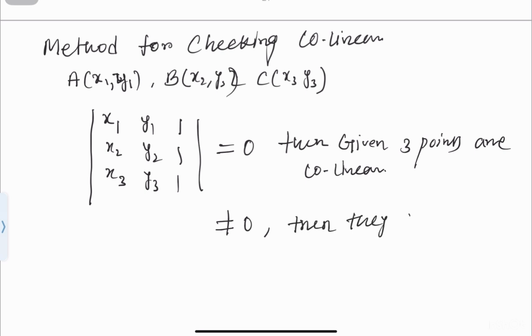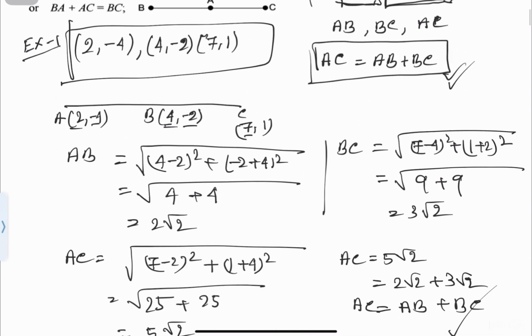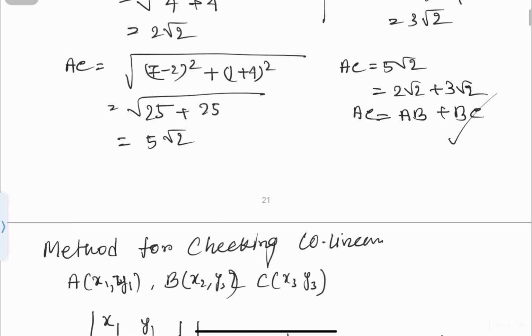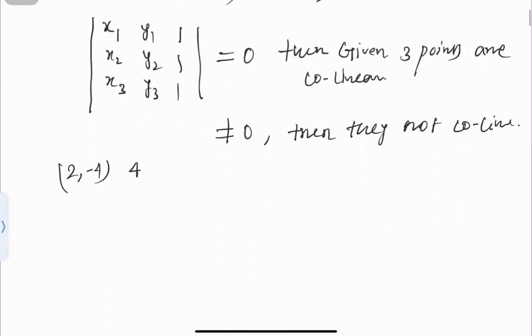Clear? You can also check this example to verify this method: 2 minus 4, 4 minus 2, 7, 1.